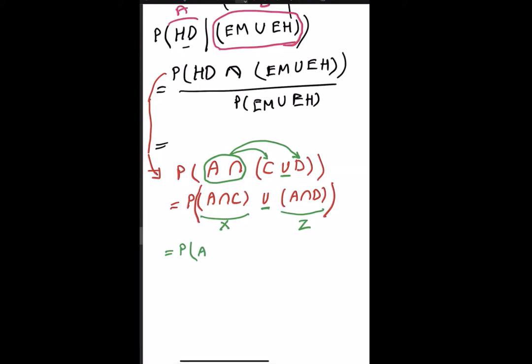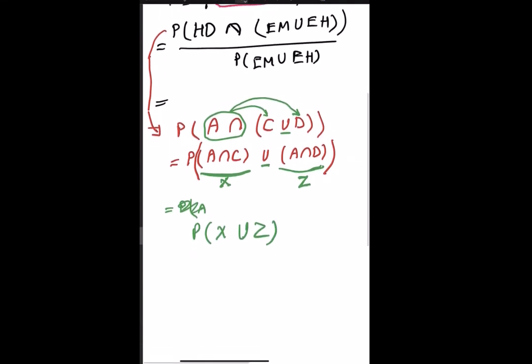So let's assume the first part is X, the second part is Z. But this is the total probability rule. So this is probability of X union Z. How do you write this one? Probability of X plus the probability of Z. Exactly. Probability of X, which is A intersection C, plus probability of Z, which is A intersection D. What else?